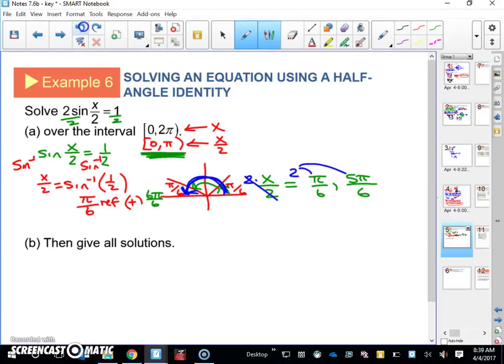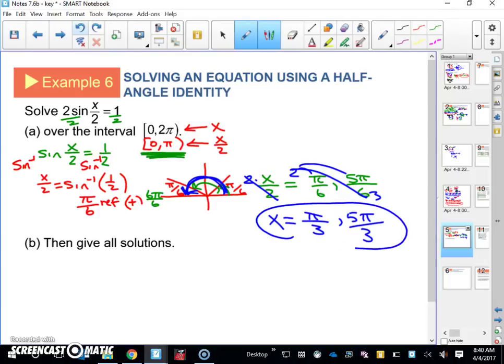And so that cancels out the 2, and I get x equals 2 pi over 6, which is pi over 3. And this would be 10 pi over 6, or you can think about canceling this and 3. It's going to be 5 pi over 3. And so that's it. That's my answer. I just isolated x, and that was the original goal. Solving the equation, isolate x, you get pi over 3 and 5 pi over 3.